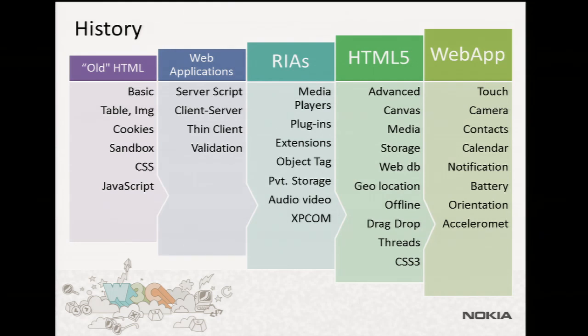Then the third stage was, I think, web applications evolving into rich internet applications like media players, plugins, Flash, Silverlight. For the time being, that was a very good solution, with audio, video. They had their own private storage. And then based on all these requirements, HTML5 came up with all the advanced tags, which was the need of the hour. So there is canvas, media, and all these advanced APIs.